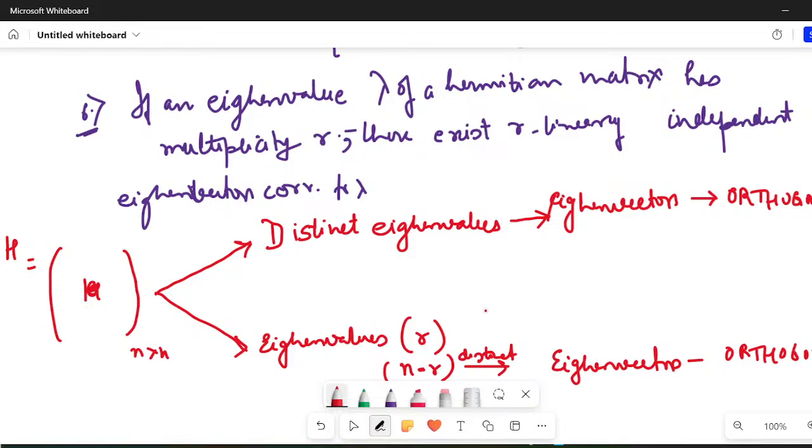And the theorem states that even if there is an eigenvalue with multiplicity r, these still have distinct eigenvectors. In fact, these are linearly independent distinct eigenvectors. So overall, always remember that for Hermitian matrices, even if some of the eigenvalues have multiplicity, overall the eigenvectors arising out of them would be orthogonal to each other. I hope this is clear to you.